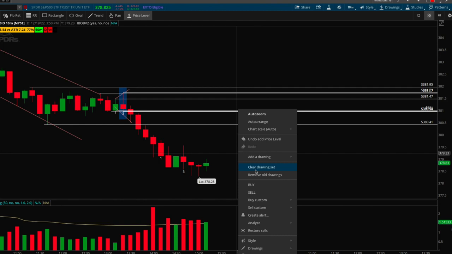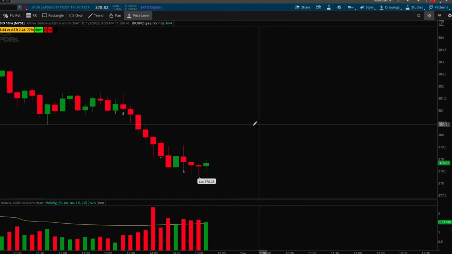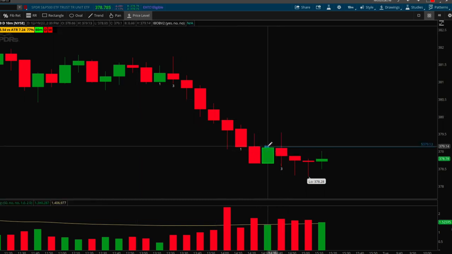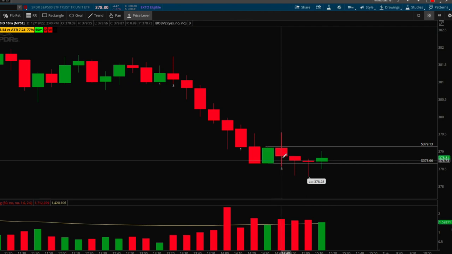Just gonna delete these lines. So we have another one here. So let's break down what happened with this one as well. And you can see it's actually trying to potentially hold here.